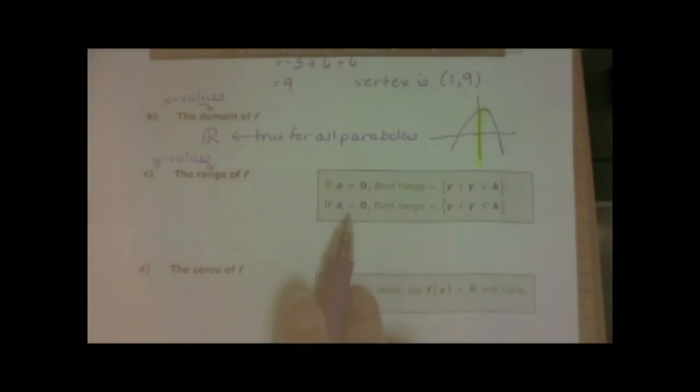Since A is less than 0, the range is, put this in a set, it's all Y such that, the colon means such that, Y is less than or equal to whatever K is. All right, K is the Y value of our vertex.